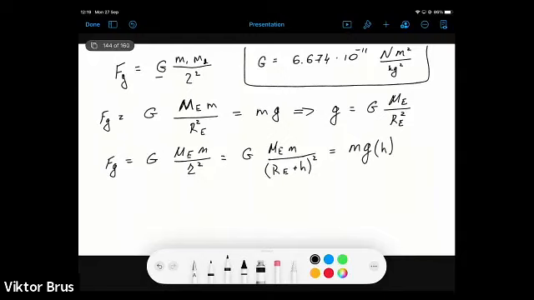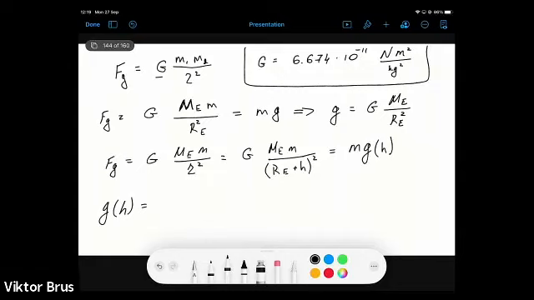So we can express g as a function of the height from the ground level, 0, next to the surface of the planet, to a certain height where this object is going.